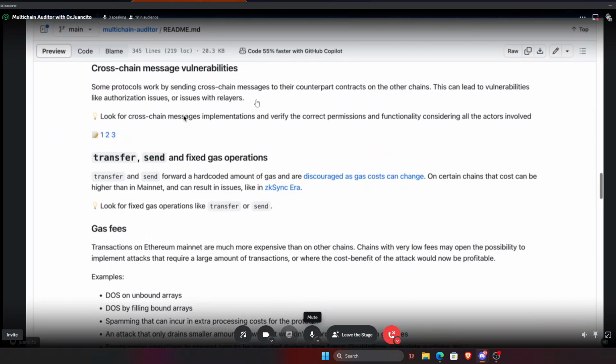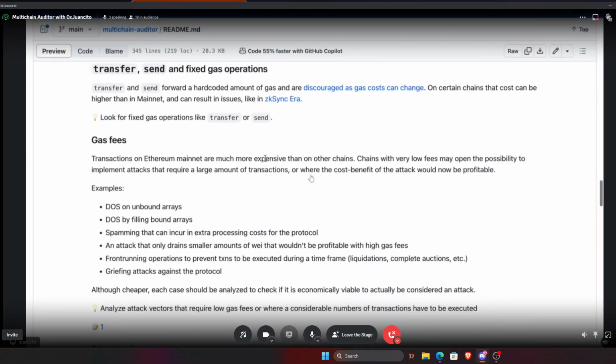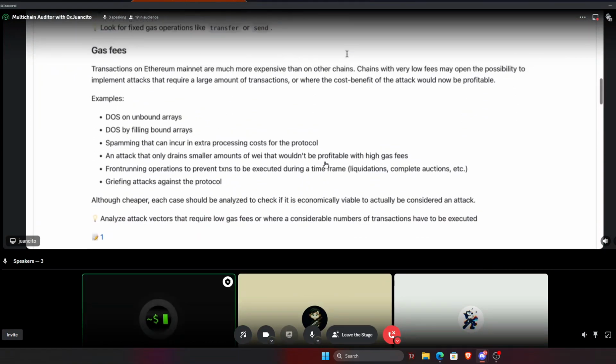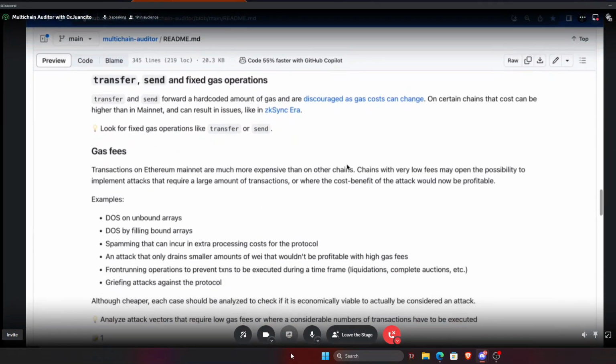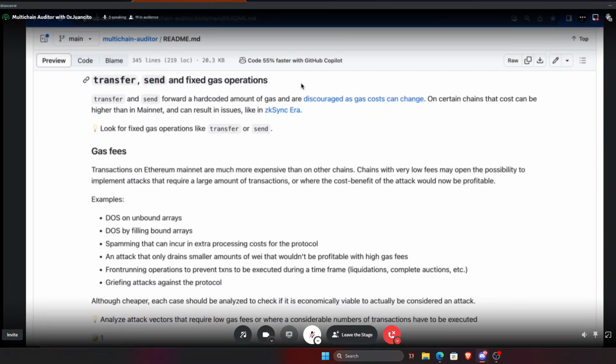Another subtopic is about gas, let's say. In this specific issue, I'll talk about transfer and send. These are operations that might not be very used or encouraged, but you may find them in some repositories and protocols.